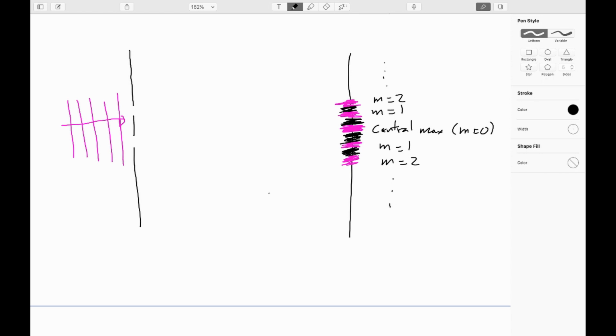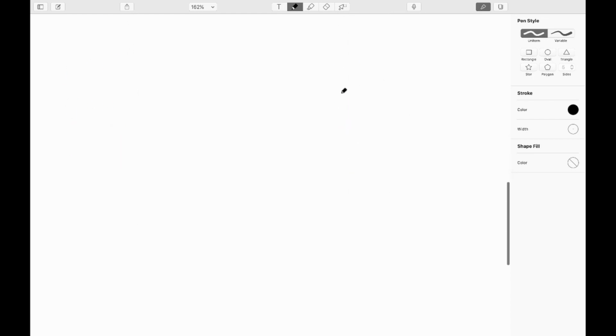So we can try to figure out what angles these would be at. So let's go ahead and draw a line right down the central axis. And let's say we're interested in the angle from the center of this to the first, sorry about that.